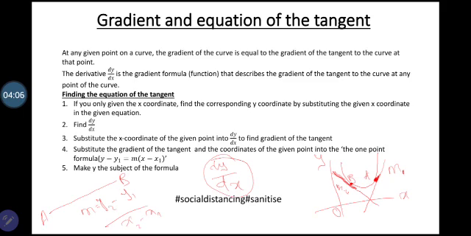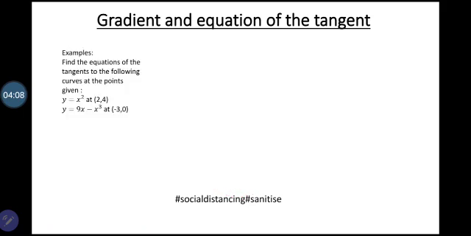So let's look at questions that make use of those stages. It says find the equation of the tangents to the following curves at the points given. So we have the curves, let me call them A and B. So for A, our dy/dx, considering we've already been given x, y in full, is going to be equal to 2x.